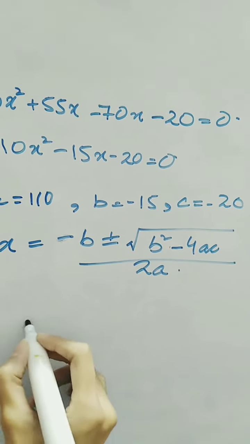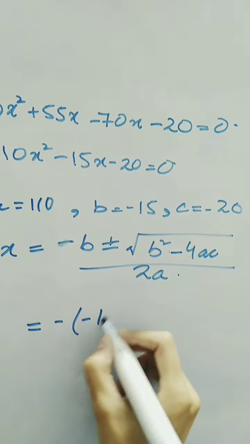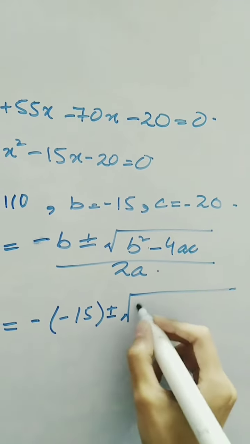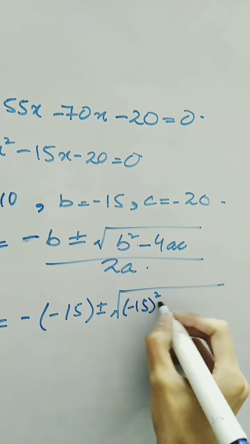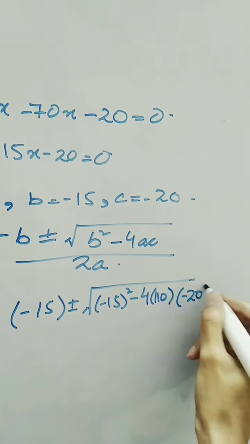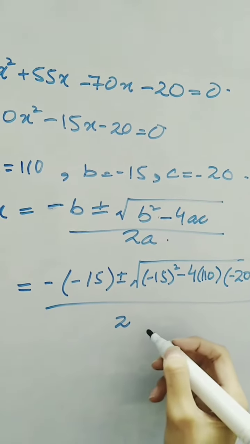This is the formula. After putting values, we will have minus b, and minus 15 is the value of b, plus minus square root of 15 whole square minus 4, a is 110, c is minus 20, divided by 2a.